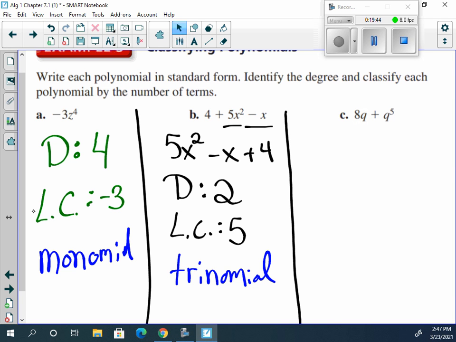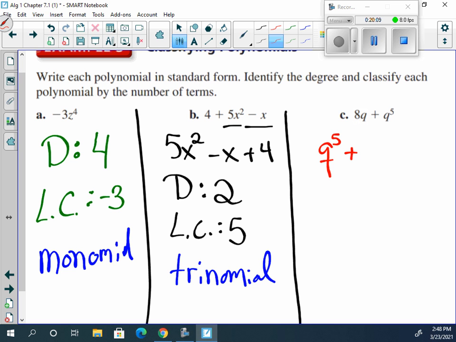Okay, the last one here. 8q plus q to the 5th. So what would be our first term if we're writing this in standard form? Well, which one of these two has the bigger exponent? It would be to the 5th. So q to the 5th would go first.